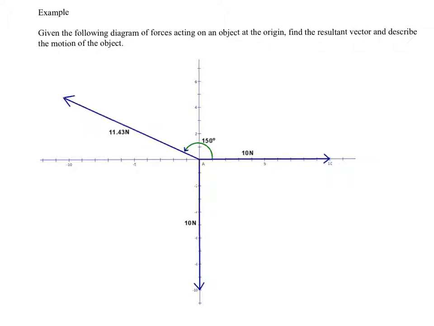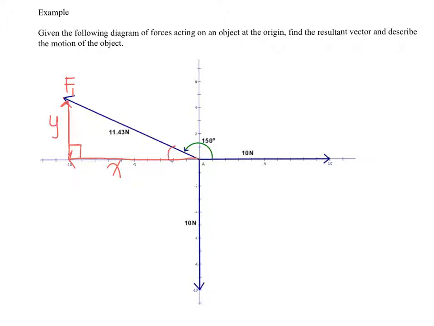So I'm going to draw my vector that we have, and I'm going to call this one force 1. I can draw that vector as a sum of an x and y vector using that head to tail method on that first page of the notes. And when I do that, I get a right triangle. So the x coordinate and the y coordinate can be found.